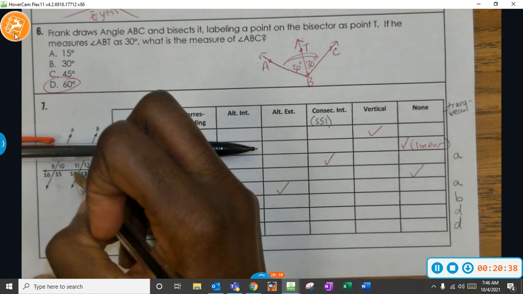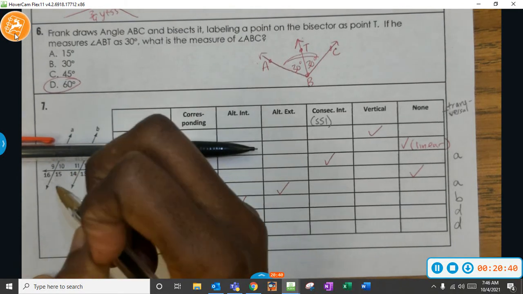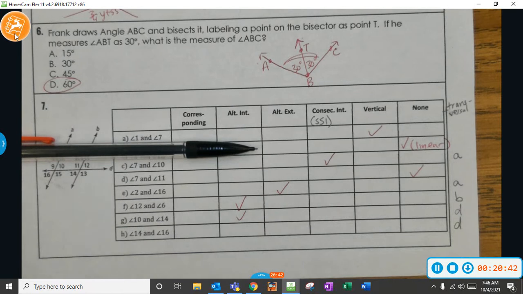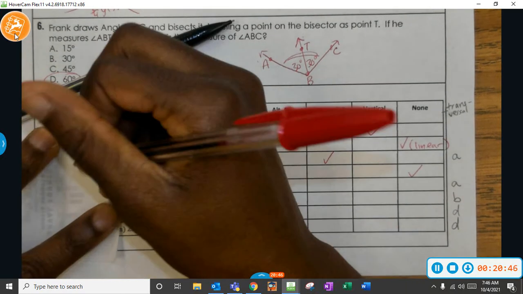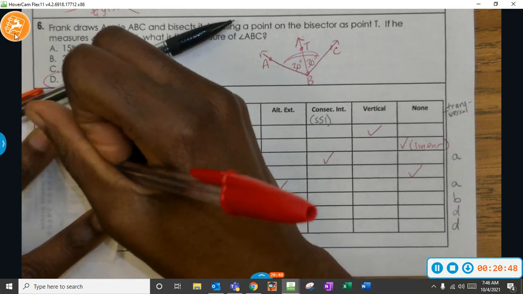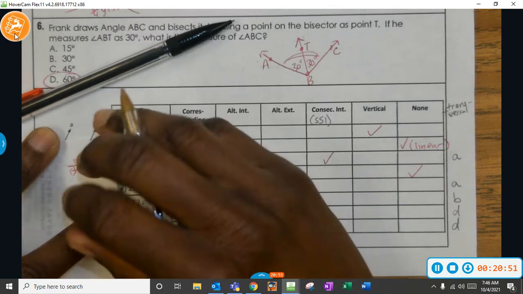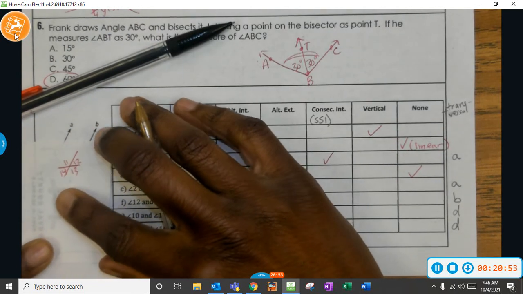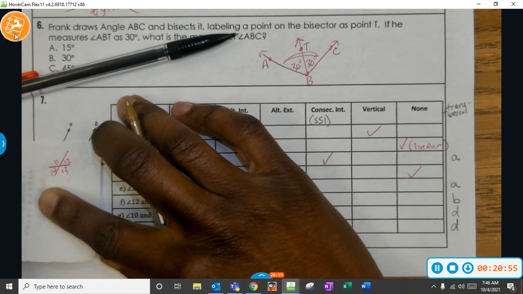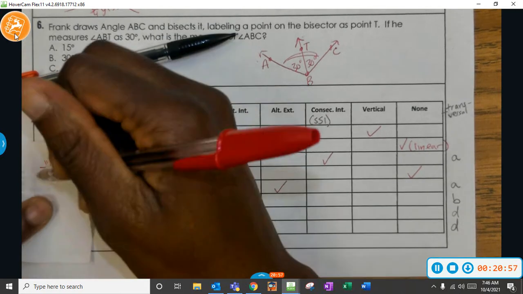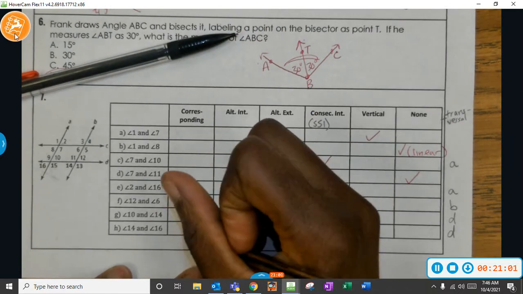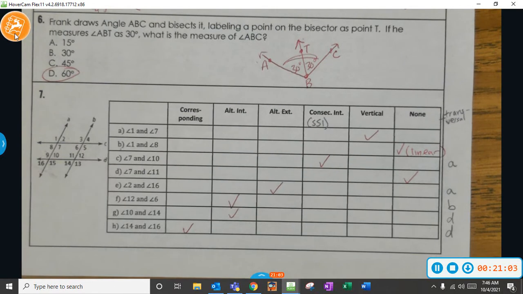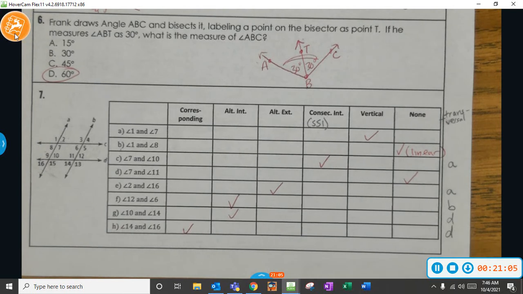What corresponding means is, if I were to outline 11, 12, 13, 14, this vertex, and just move it down to this line, does 14 land on 16? It does, so they are in the same spot. Corresponding means matching positions.